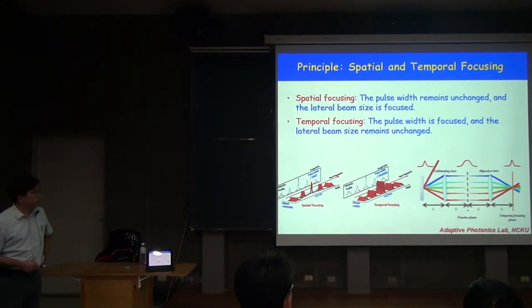So the grating will disperse your pulsed light and separate the light in space into the optical system. So finally, you can use the objective to recombine these different wavelengths of the laser, and go together and in phase. So in the focal plane, you get the pulse of the laser coming back.